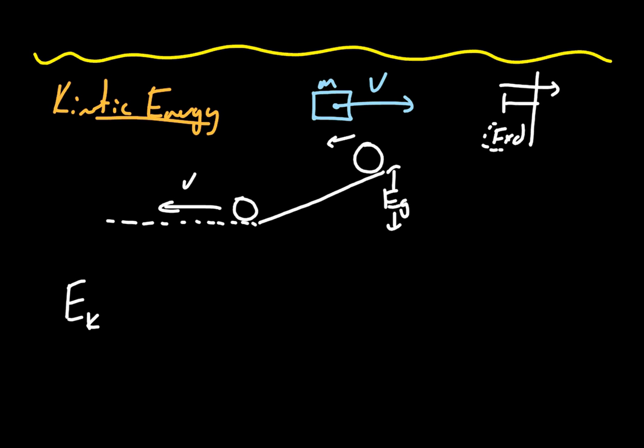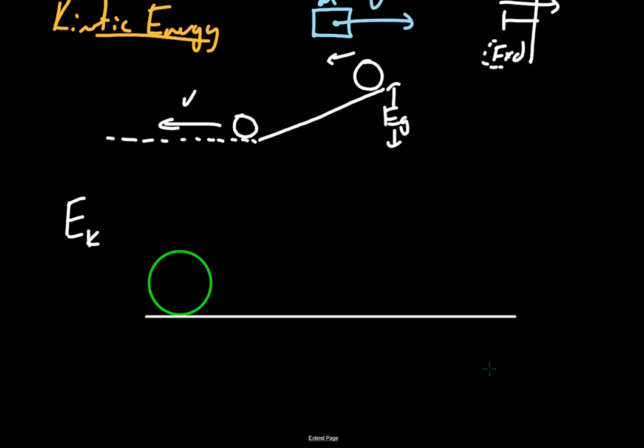So we're going to use, again, the work energy theorem to talk about what happens if I take an object and apply a force to it over some distance, and how we can then figure out what kind of energy it has at the end. So let's imagine this. We've got a ball, starting stock still relative to us.